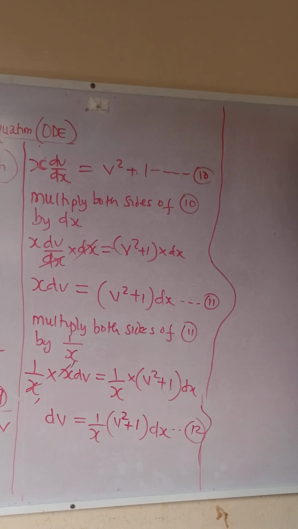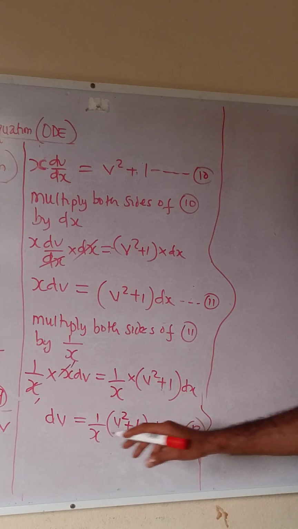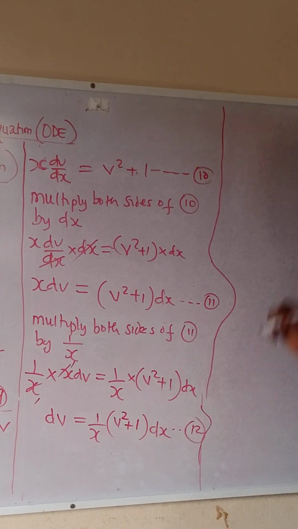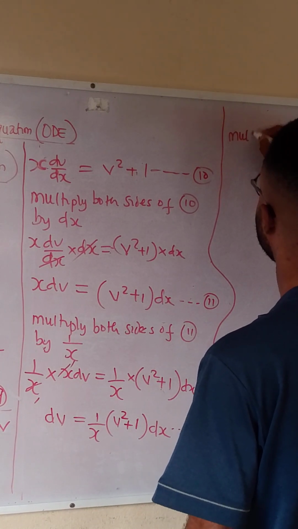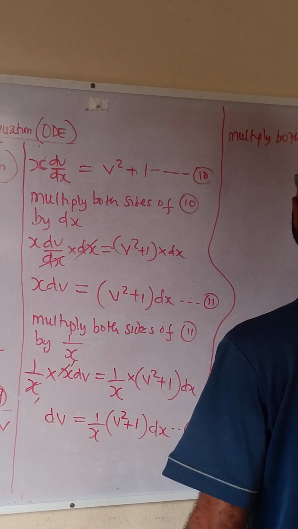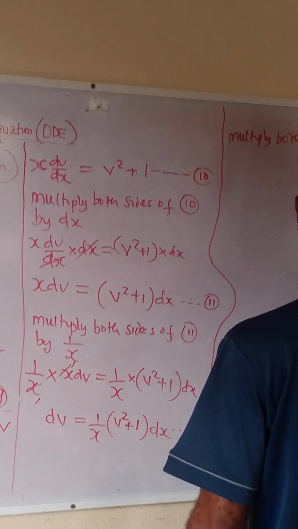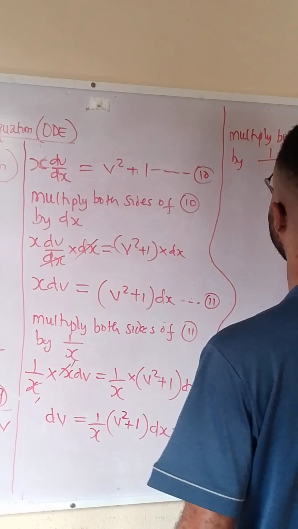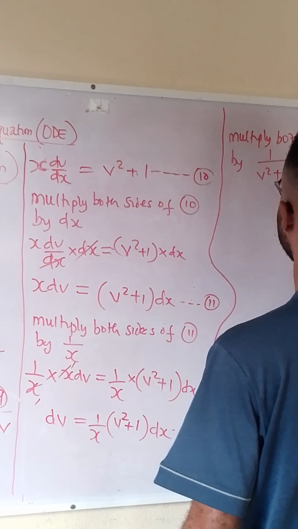And so in order to achieve that, we can say multiply both sides of equation 12 by 1 over v squared plus 1.